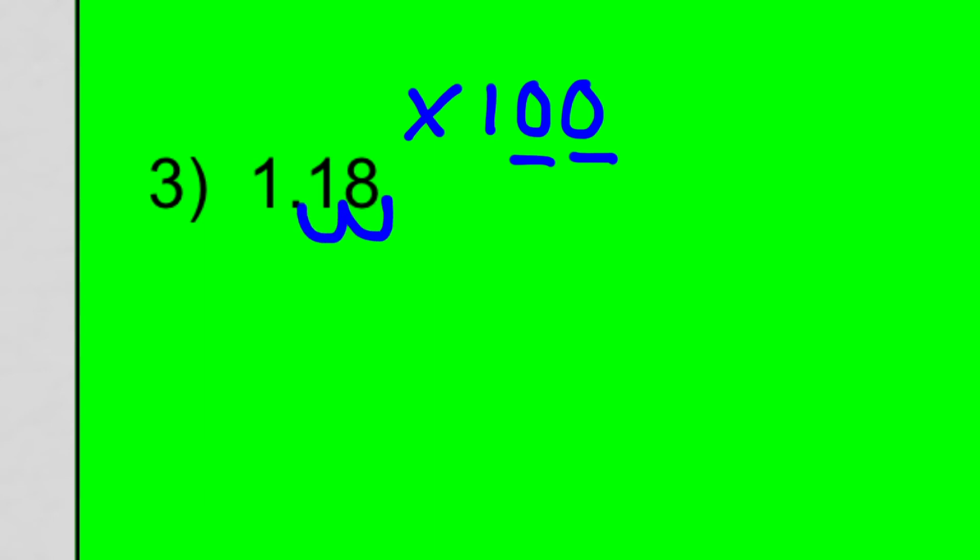Number 3. How do I change this decimal to a percent? I mentally multiply by 100. It's the same thing every time. 2 zeros on 100 tell me to shift the decimal 2 spots to the right. The decimal ends up behind the 8, and now I'm left with 118%.